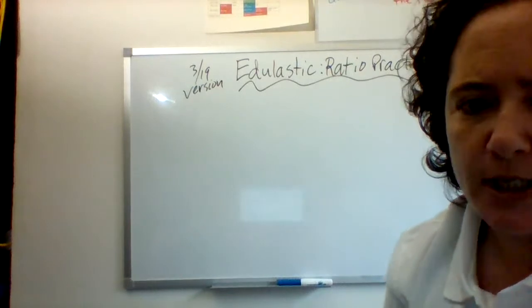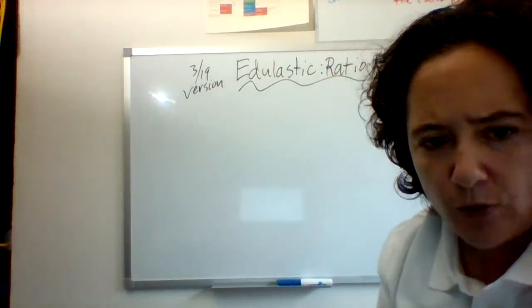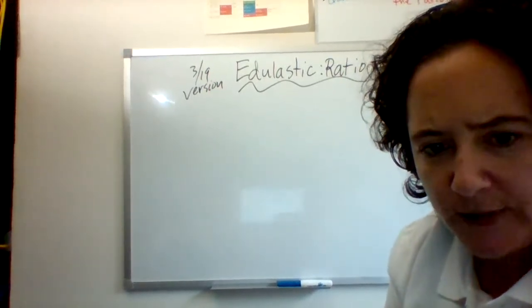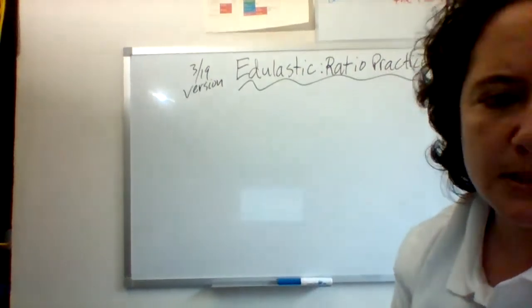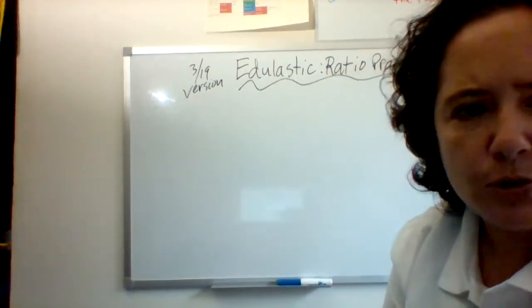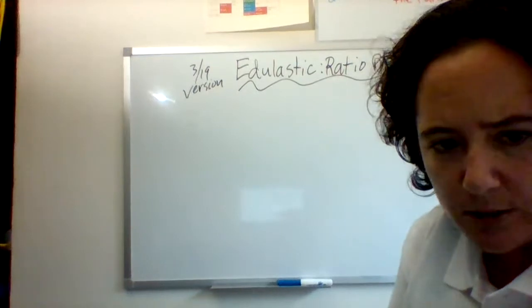Oh, Jaden, I have to give you an update because I was looking at the wrong one. Jaden, the only thing that you have to fix is number 12 and number 19. That's it. Rusmeli, on the one that you started, the 319 version of ratio practice, everything is correct so far.